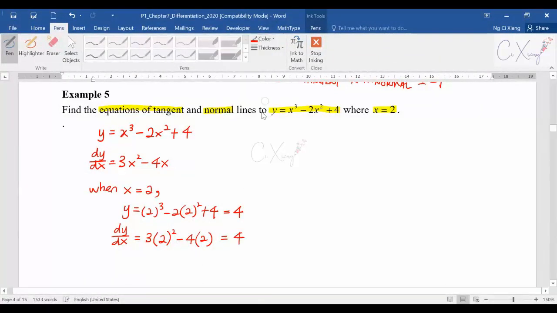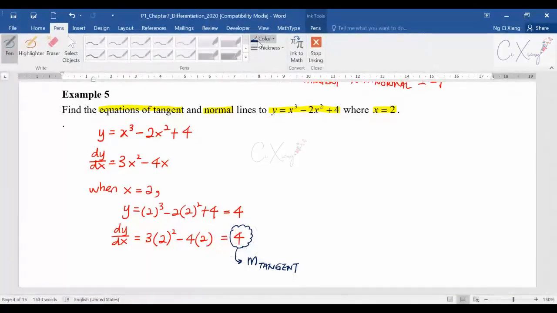So your dy/dx equals 4. Please take note that this is your gradient of tangent. The gradient of tangent should be a value. You shouldn't substitute x into the equation of tangent, you should substitute a value.